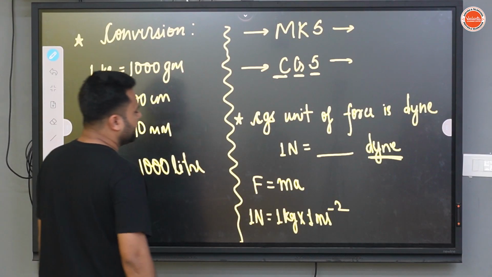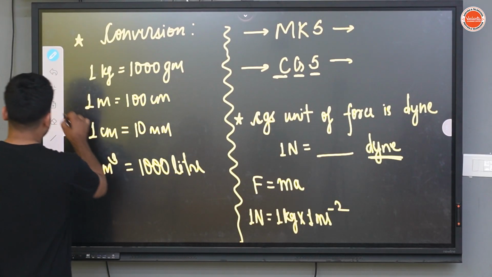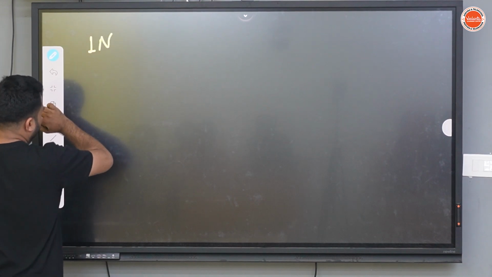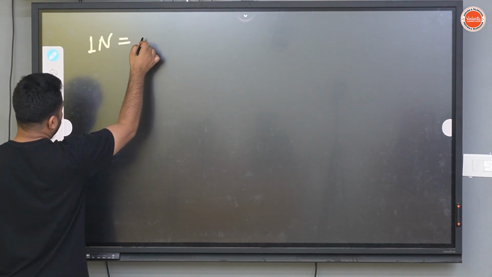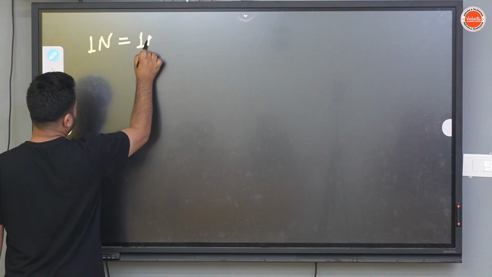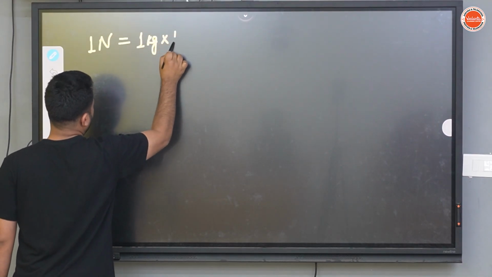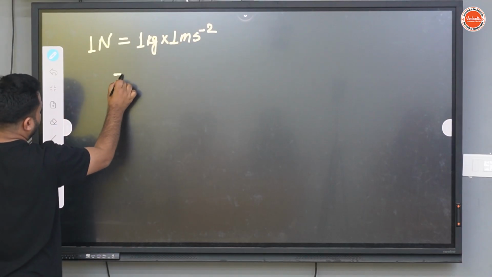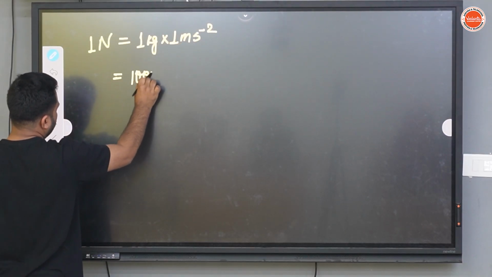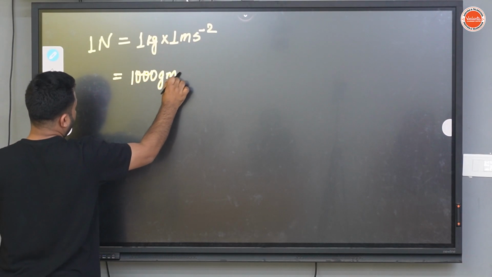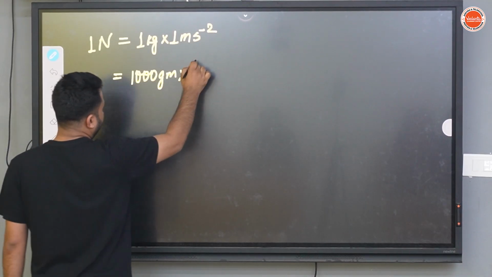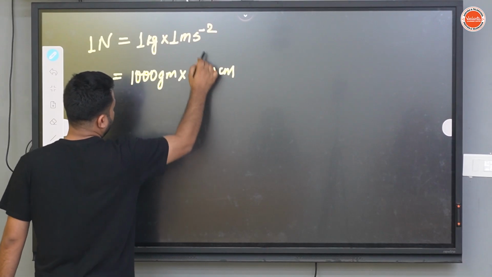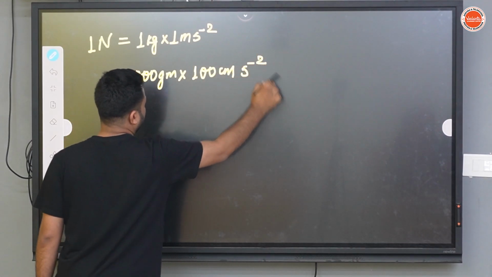Now this we have to convert into CGS units. So see how we will do it. 1 Newton, this is force. Force equals mass into acceleration. So you take 1 kg mass and acceleration 1 meter per second square. Now can I write this 1 kg as 1000 gram into 1 meter, that is 100 centimeter, per second square.